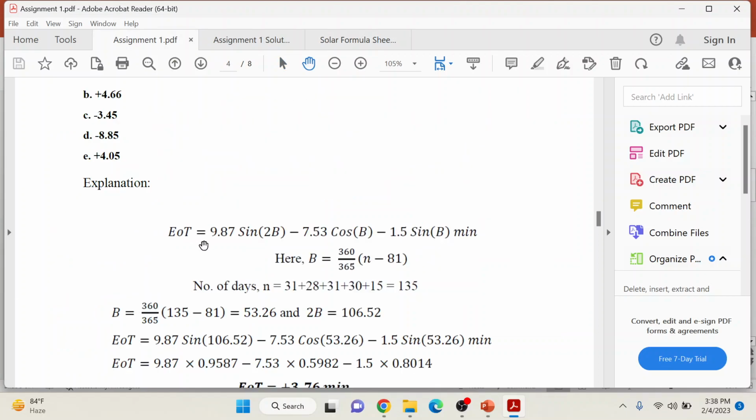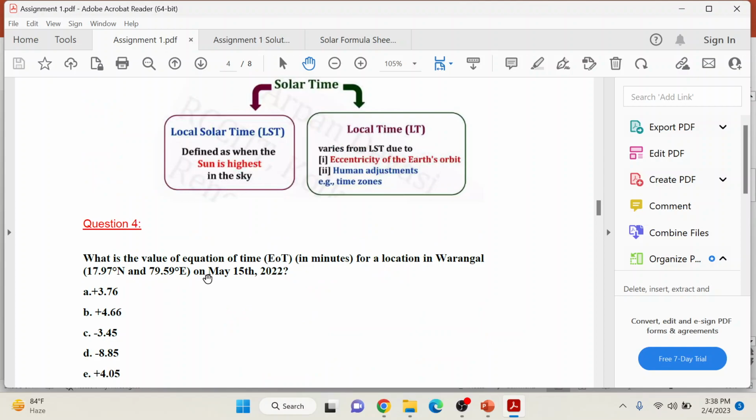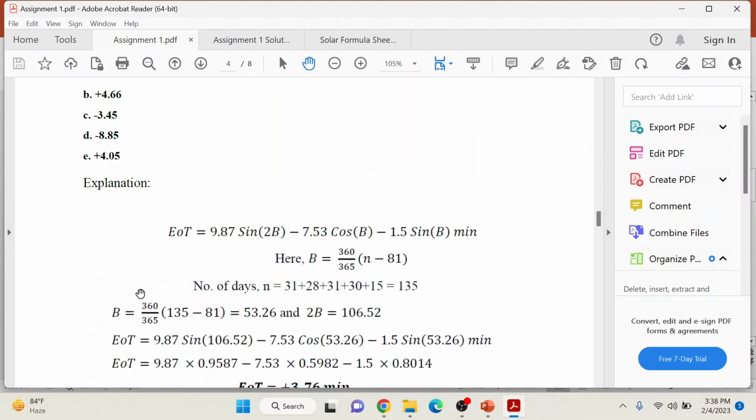So the equation of time is this. It has given 17.97 degree north and 79.59 degree east. How have they calculated the number of days? B is equal to 360 by 365 times (n minus 81). So the number of days is calculated as 31 plus 28 plus 31 plus 30 plus 15, which is 135.